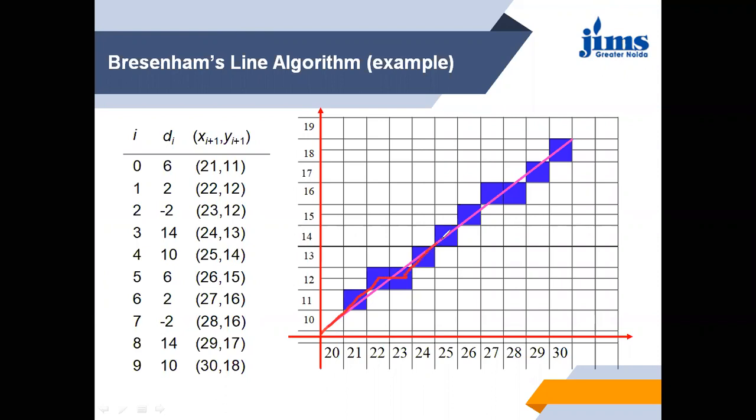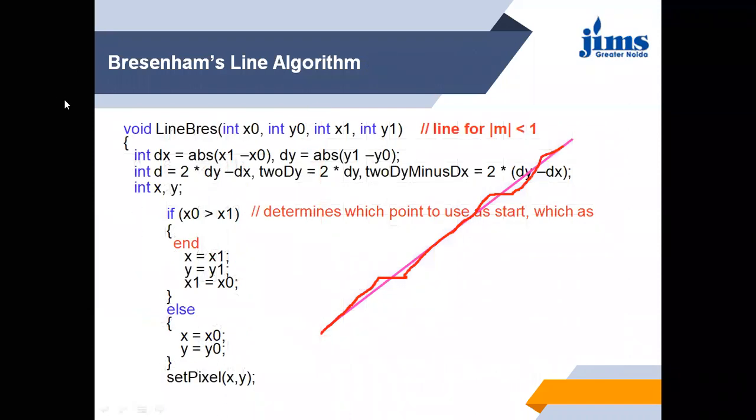So it means a zigzag staircase, as we discussed as the problem in display devices. So this is the Bresenham line algorithm, whatever we discussed until now.